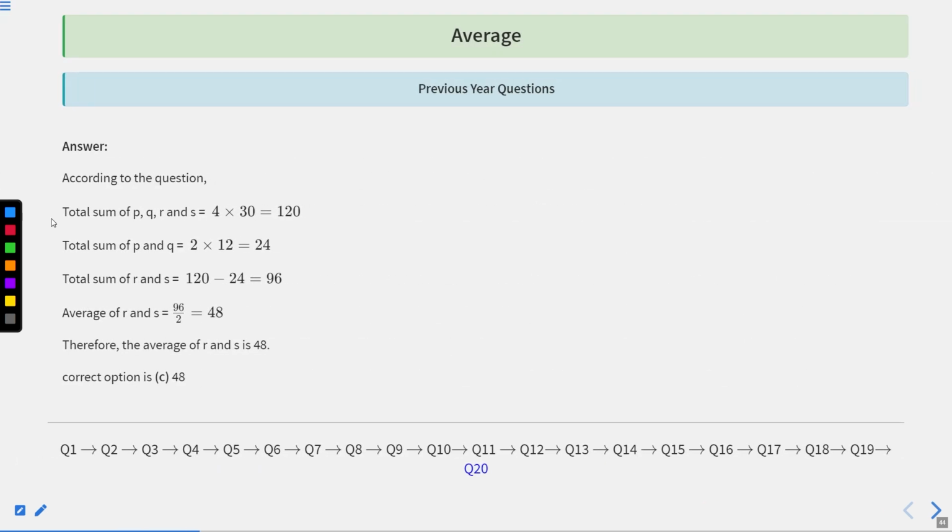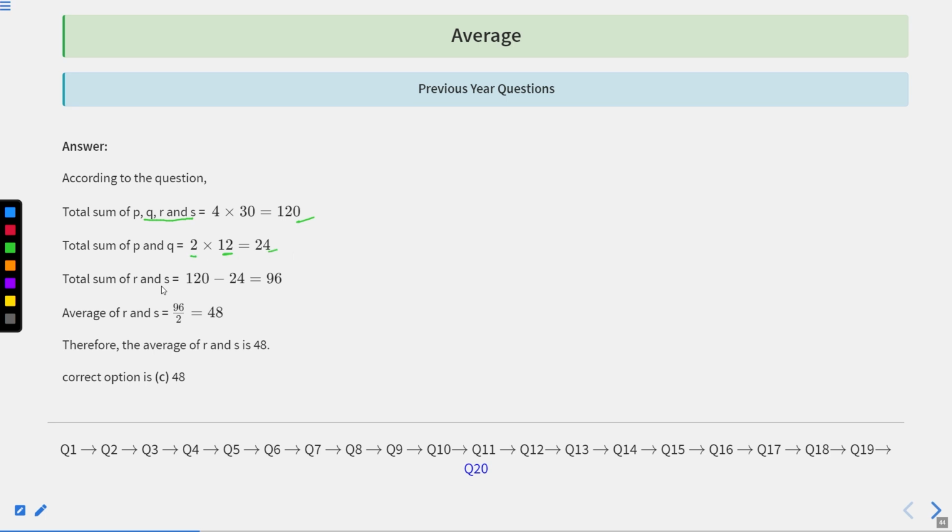According to the question, the total sum of P, Q, R, S. The formula that will be used here is sum equal to average into number of observations. The number of observations is 4, P, Q, R, S are 4. So the sum is going to be 4 into 30, that will be 120. The sum of P and Q will be 2 into the average, that is 12, equal to 24.